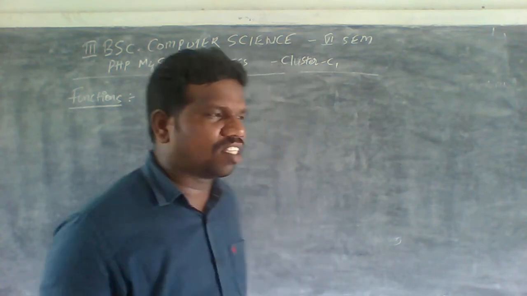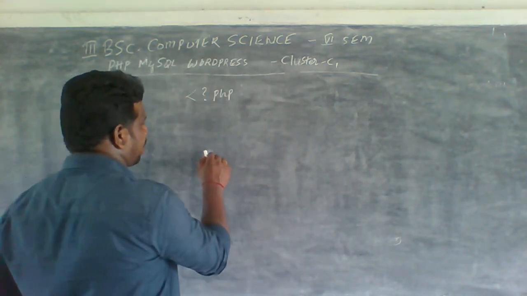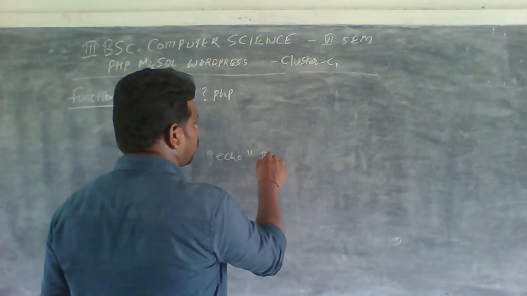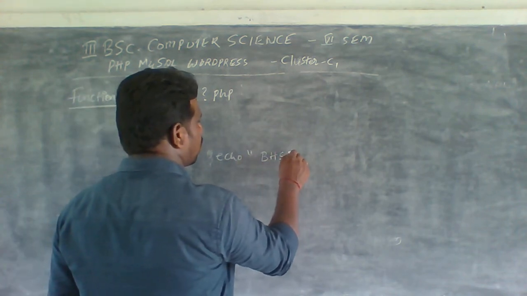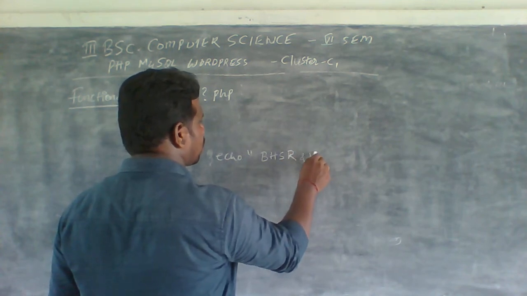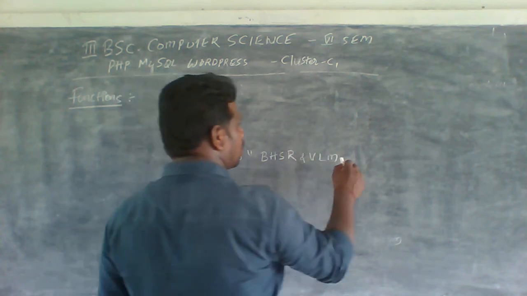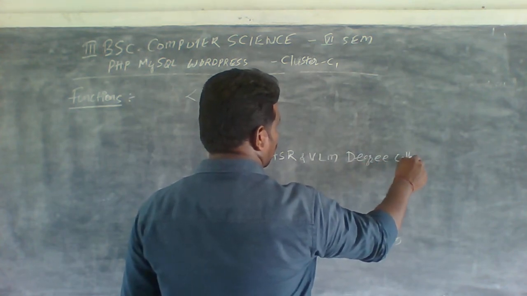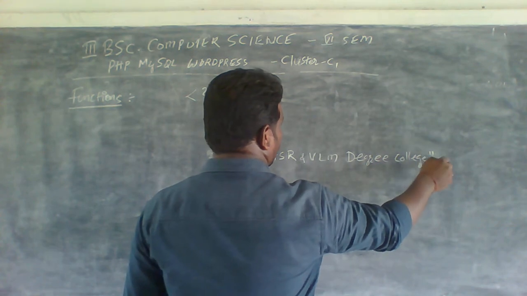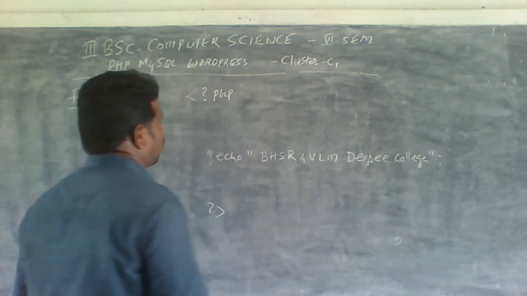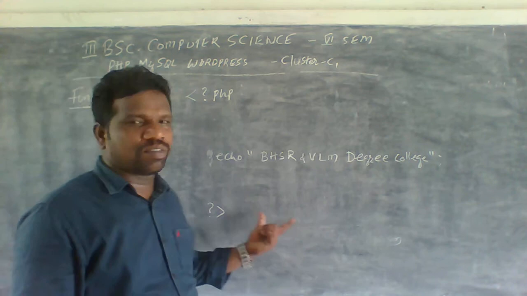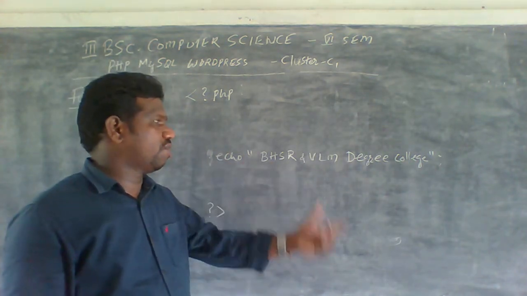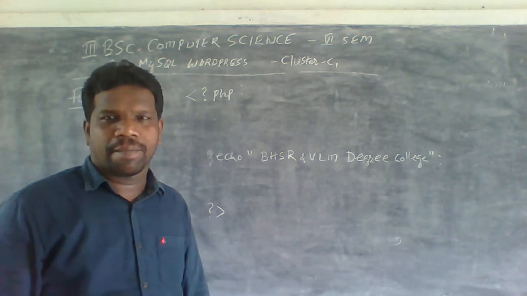In the echo statement, you write echo, and then the college name, VHS VLM. If you save and compile this program, you get the output: VHS VLM degree college is the output of the program here.